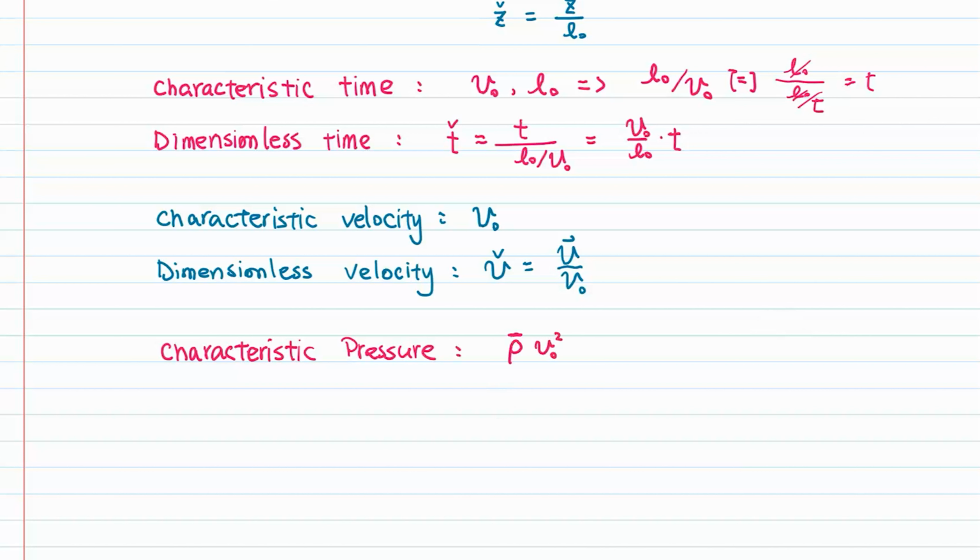Okay, so the dimensionless pressure would be P with a check mark equals P minus P naught over our characteristic pressure.